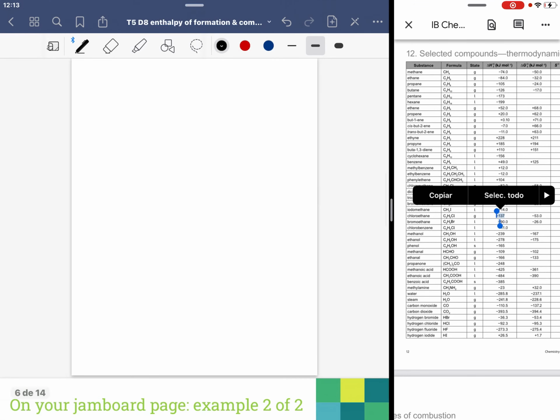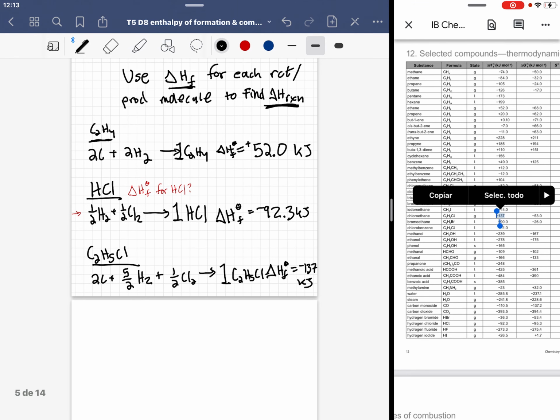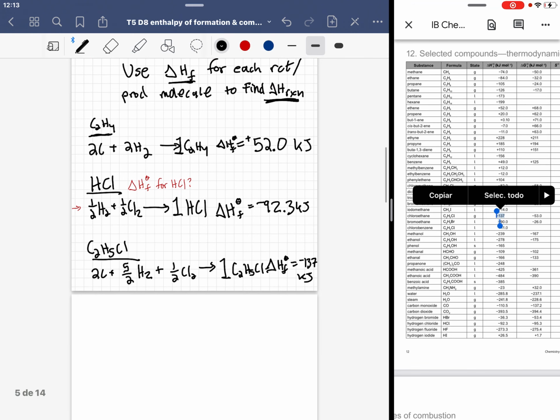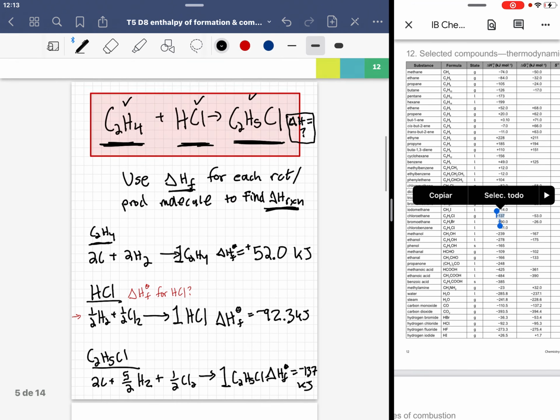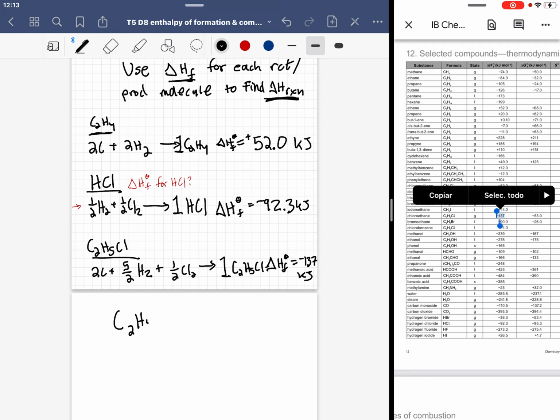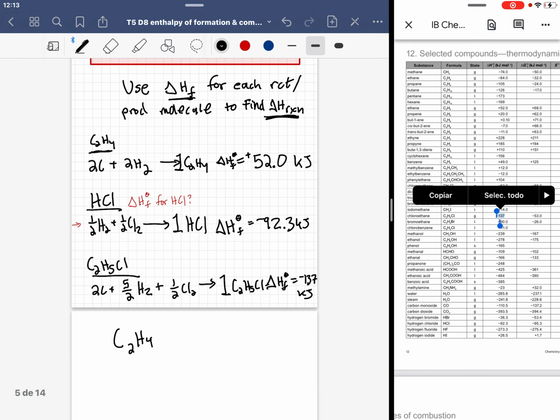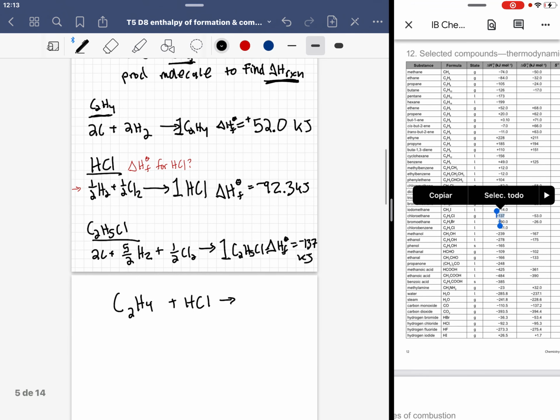All right, let's grab another piece of paper here. So now I just have a pretty simple Hess's law problem. I'm going to write my overall reaction: C2H4 plus HCl yields C2H5Cl.